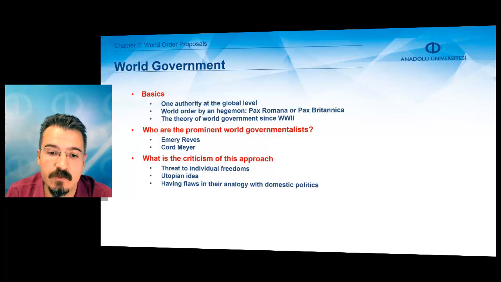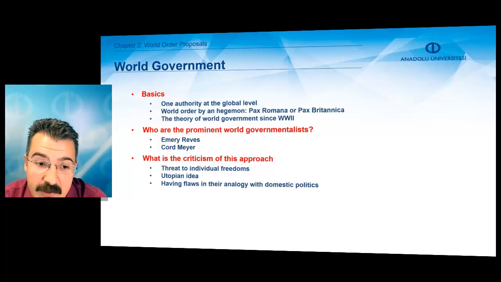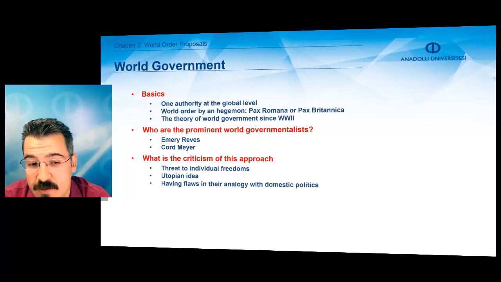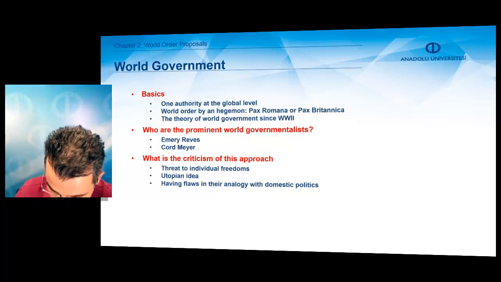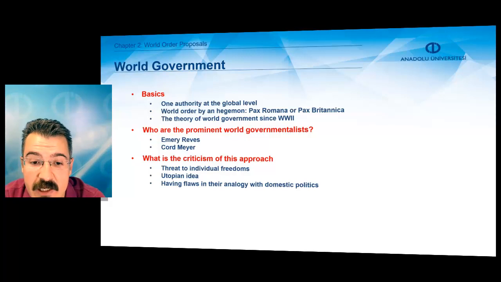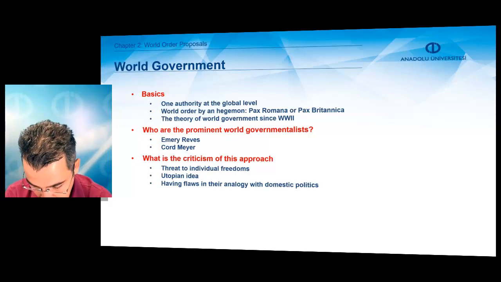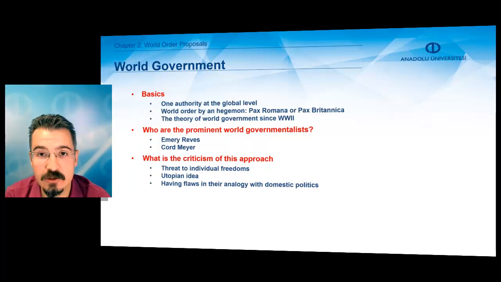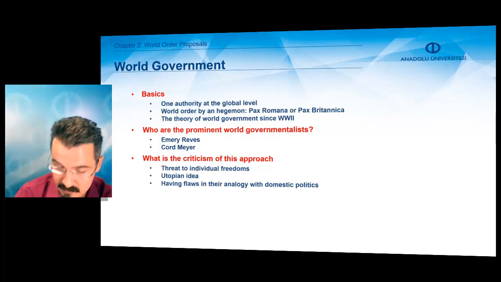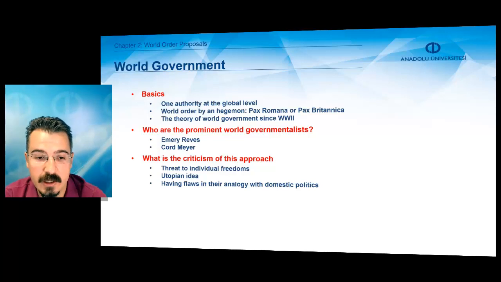Who are the prominent world governmentalists? Emery Reeves is one of the supporters of this proposal, and he argues against any internationalist approach. He argues that war exists due to national states, or due to the division of the world into nation states, and that the solution to war can be the creation of a world government or central authority over all states.